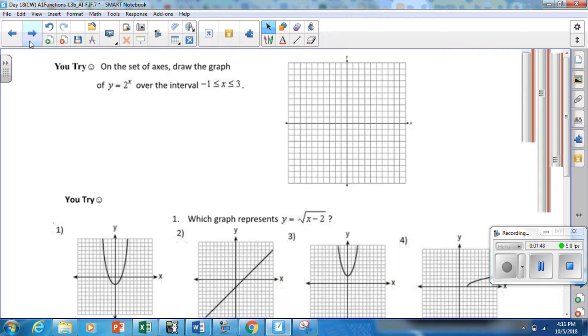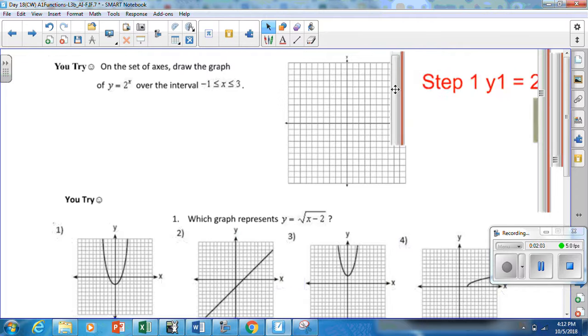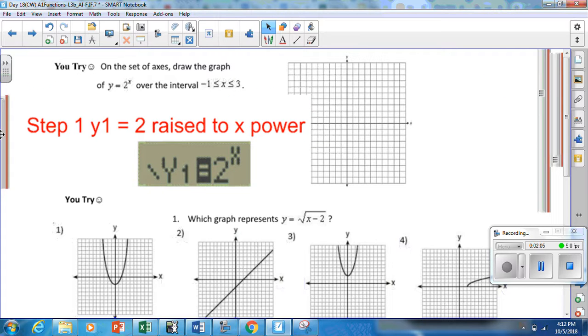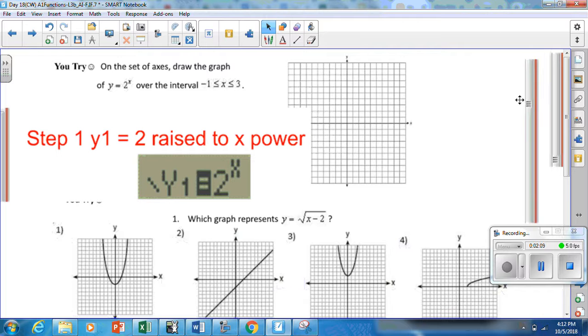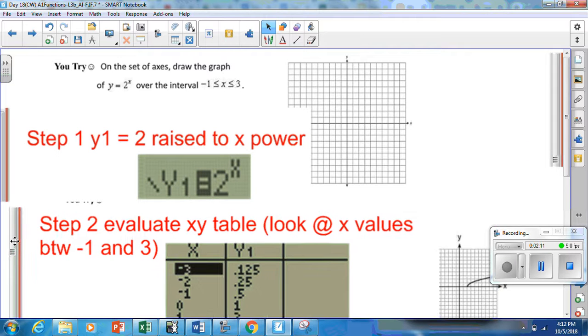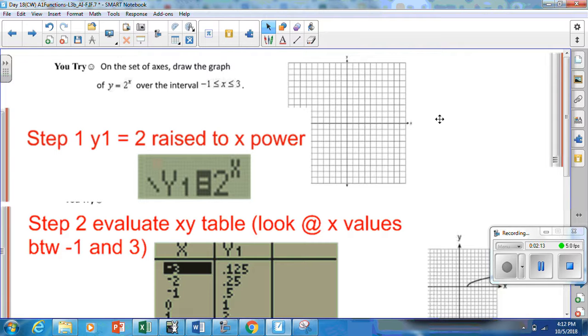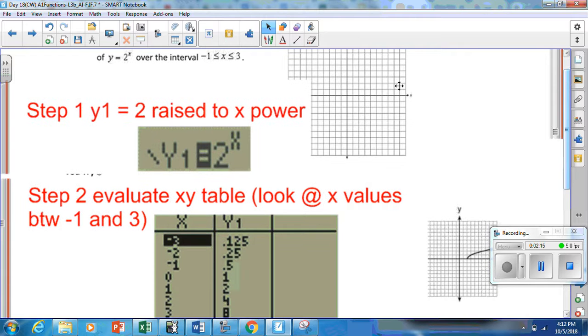Okay, now this is a new problem. On a set of axes, draw the graph y equals 2 raised to the x power over the interval of -1 through 3. Okay, let's consider our steps. So let's see what's going on here.